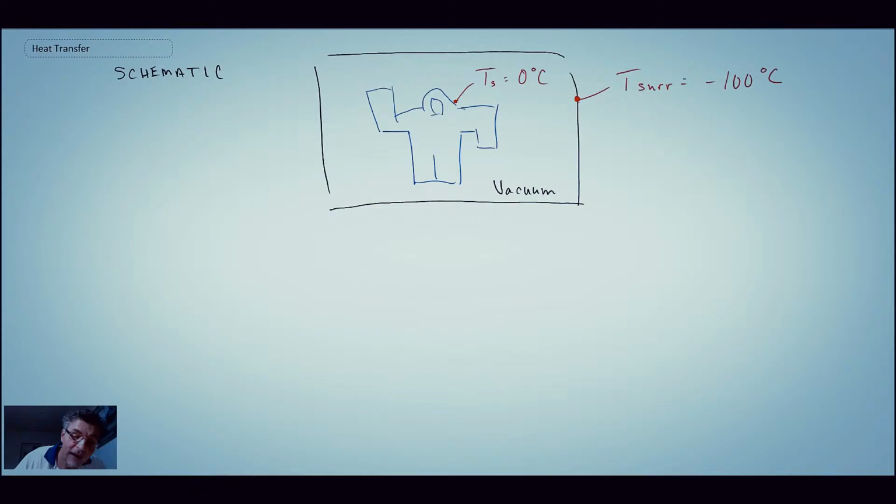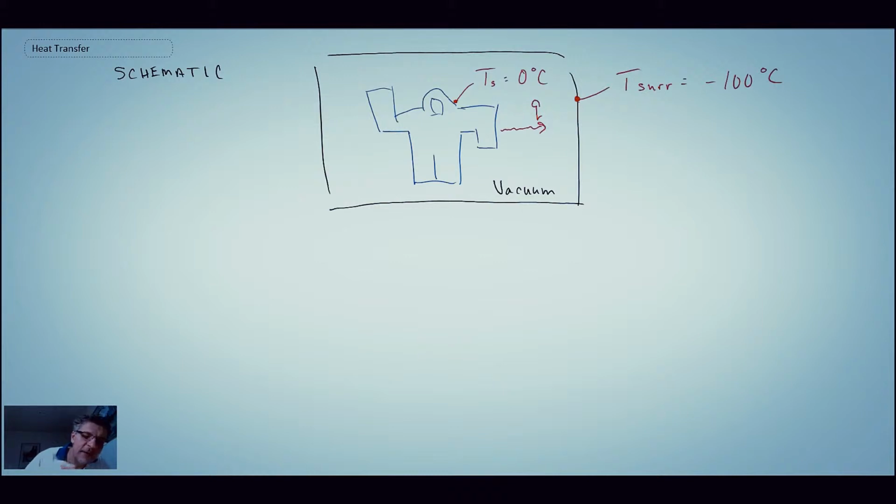We have vacuum conditions, so there is no mechanism of convection going on. The only form of heat transfer is going to be radiative heat transfer. And given that the astronaut's outer suit temperature is at a higher temperature than the surroundings, we know that the radiative heat transfer is going to be going in that direction.